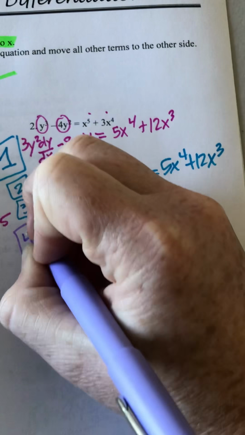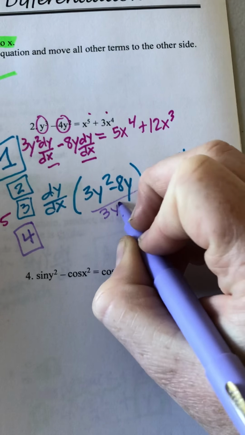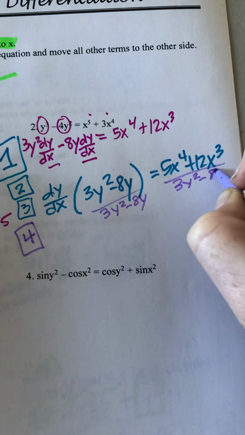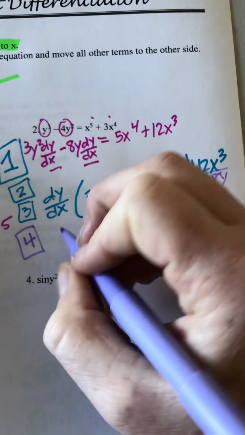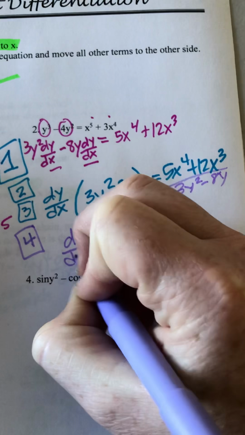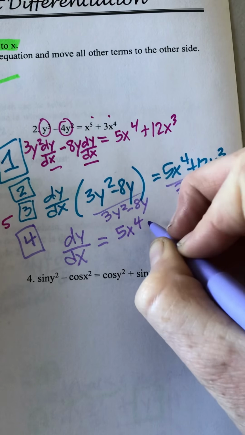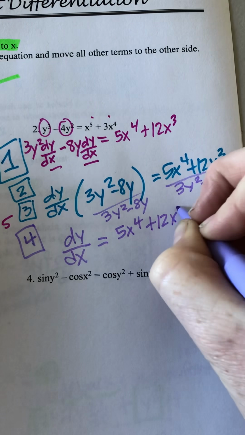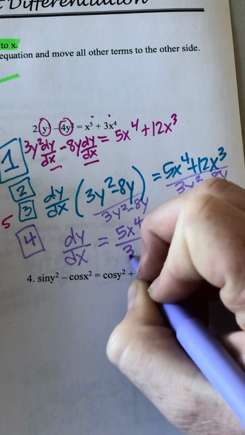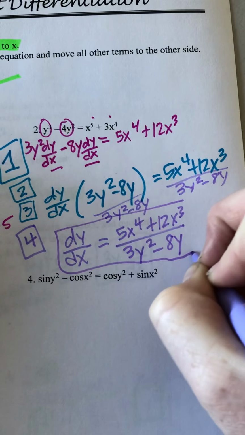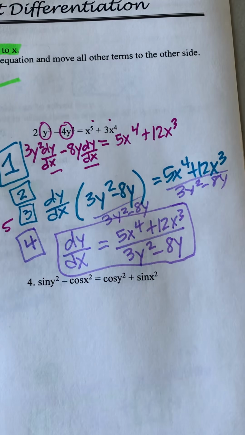And so I'll divide both sides by 3y squared minus 8y for step 4. So dy/dx equals 5x to the fourth plus 12x to the third over 3y squared minus 8y. That's your derivative with respect to x.